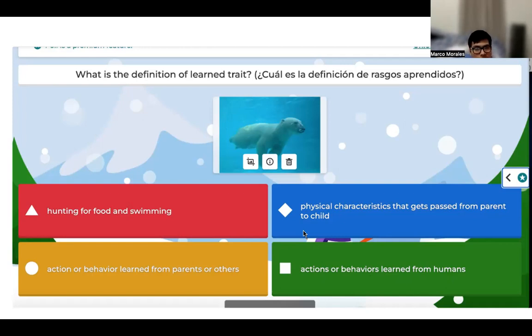What do you think, Cameron? Okay. So what Cameron said is the correct answer is the circle, which reads: the definition of learned trait is actions or behavior learned from parents or others. Bravo. Now let's move on.